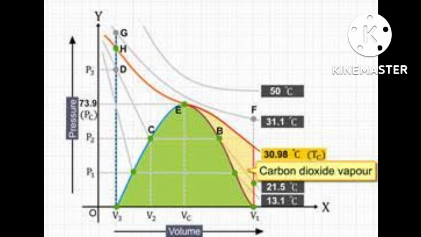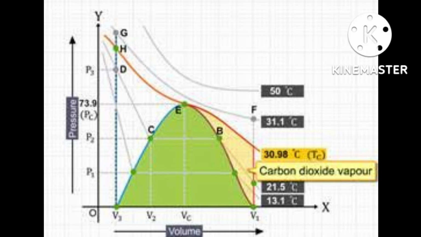Then liquefaction of permanent gases, that is the gases which show continuous positive deviation in Z value, requires cooling as well as considerable compression. Compression brings the molecules in close vicinity, and cooling slows down the movement of molecules.